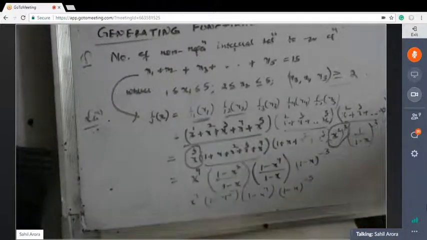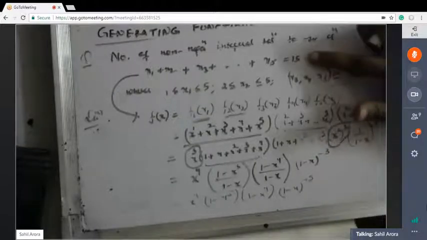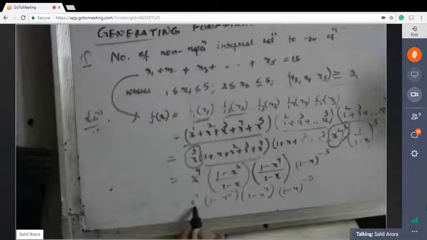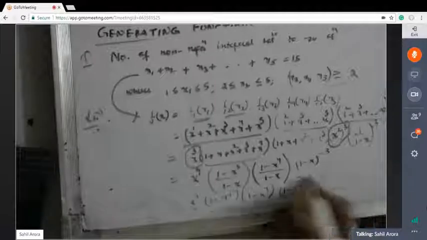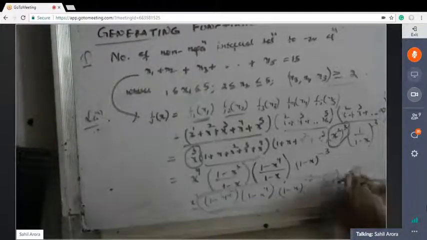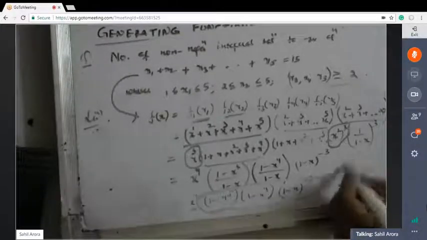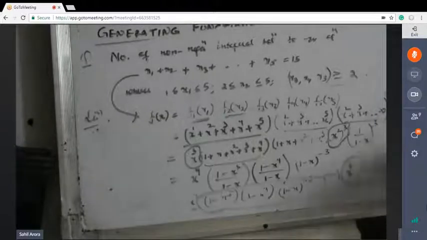Now, one thing is we need to find the coefficient of x to the power 15 here, and we already got x to the power 9. So now from this part, we need to find the coefficient of x to the power 6. Now, how do we find the coefficient of x to the power 6?